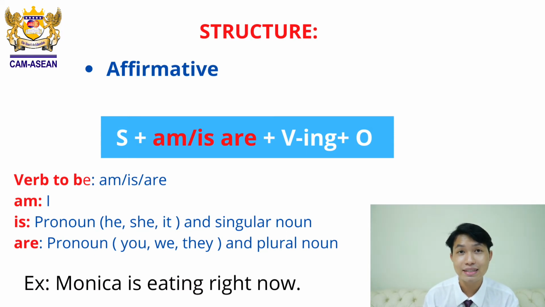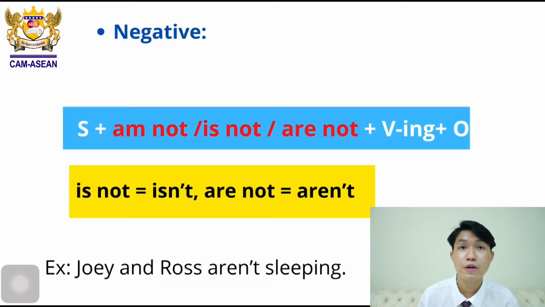Do you understand? Alright, great. So let's move on to another structure of present continuous. It is negative form. Alright, so for negative form, it starts with subject and then followed by am not, or is not, or are not, and followed by verb that needs to add ing at the end, and followed by object.